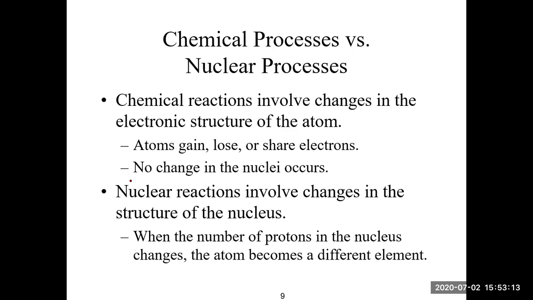Really no change in protons, no change in neutrons. And it is the protons that determine the element that you're dealing with. So obviously, if we don't change anything in the nucleus, we would have that conservation of elements like we do see in a chemical reaction.